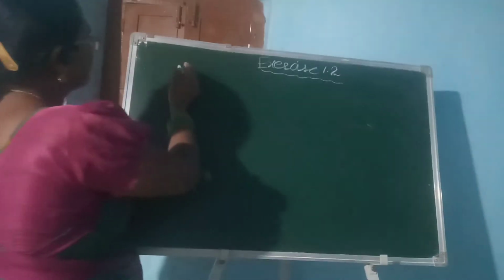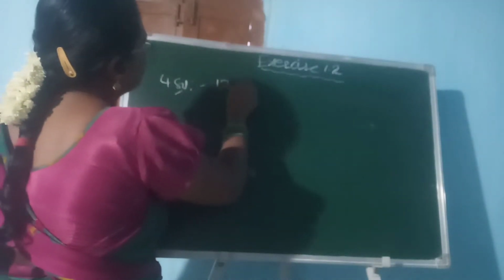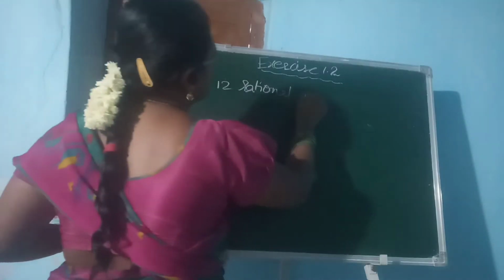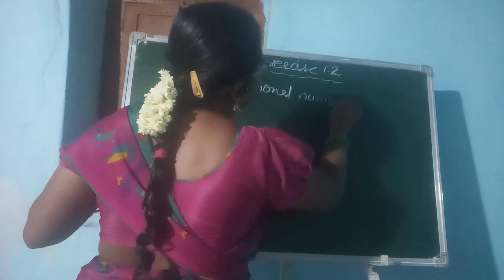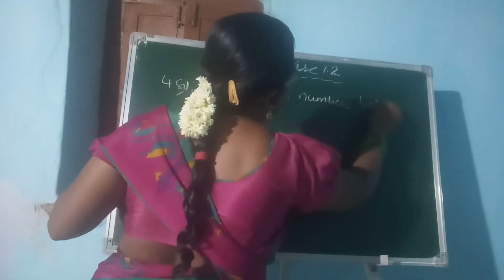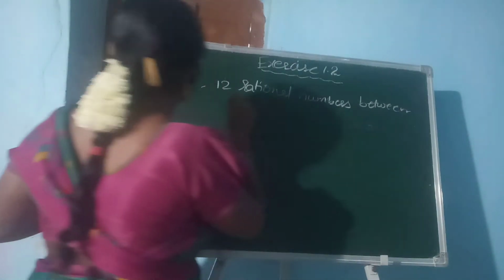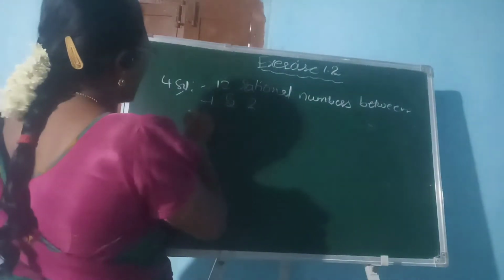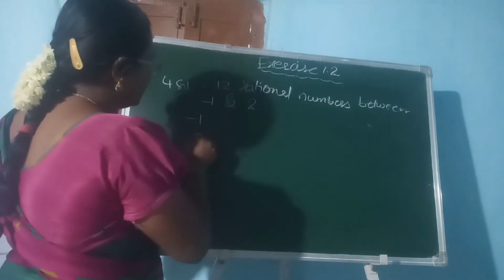So, 12 rational numbers between minus 1 and 2. For the solution, first of all I am taking minus 1 and here 2.